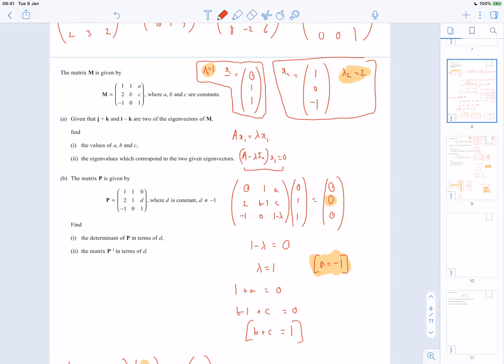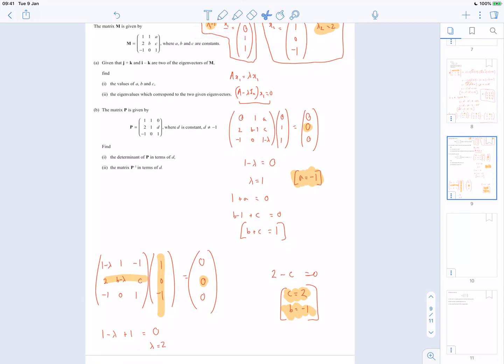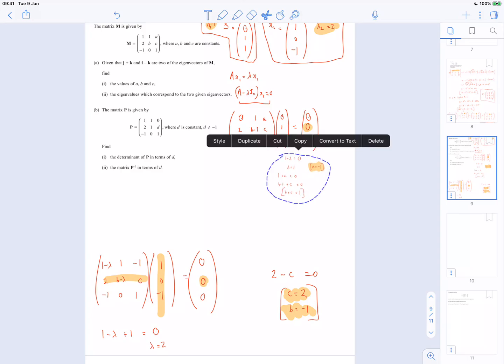Okay, the matrix P is given by the following, where D is a constant and D does not equal minus 1. Find the determinant of P in terms of D and the inverse of P in terms of D as well. Okay, so can I minimize this stuff and save some space? So I can go up there.